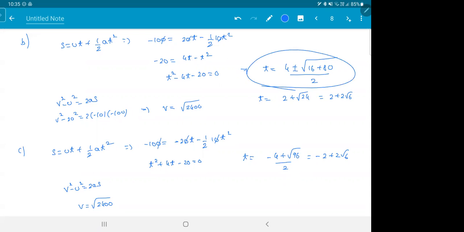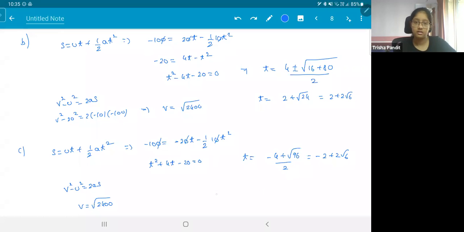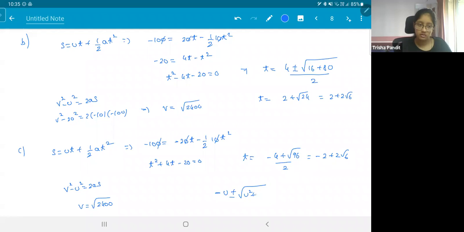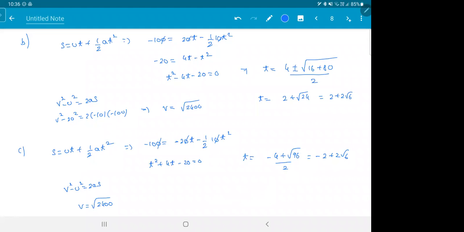That's why I'm getting a different answer. What did you use? That will be minus u. It will be minus u. Don't remember the formula. It's better to know how to derive it. That's not a standard formula anyway.